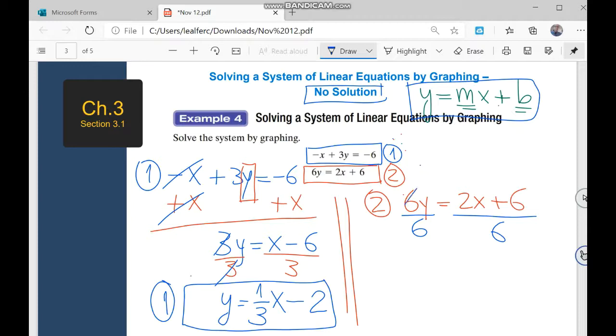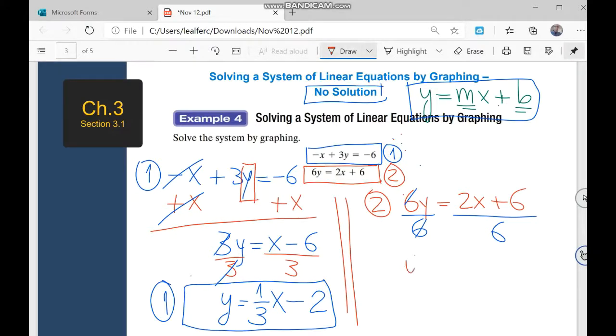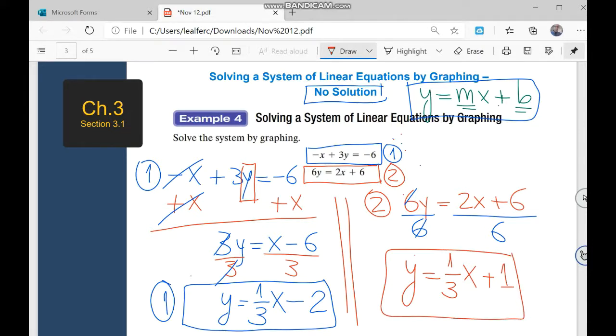And the result is y equals 2/6, which is the same thing as 1/3, times x, plus 6 divided by 6, which is 1. Now we have the equivalent of equation number 2 using the slope-intercept form.